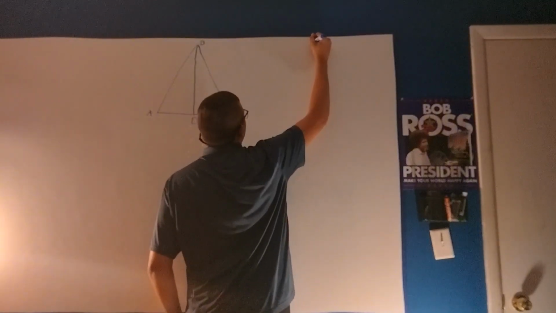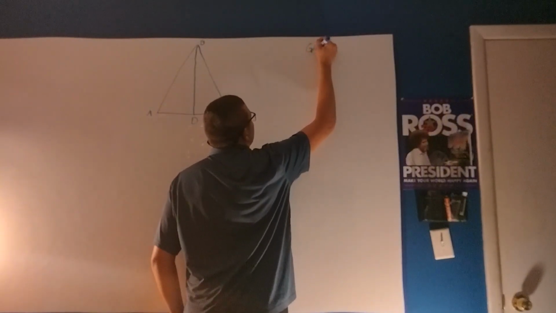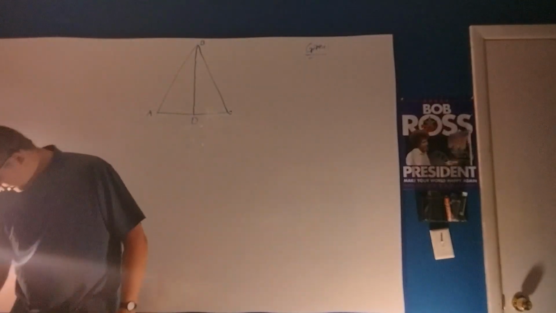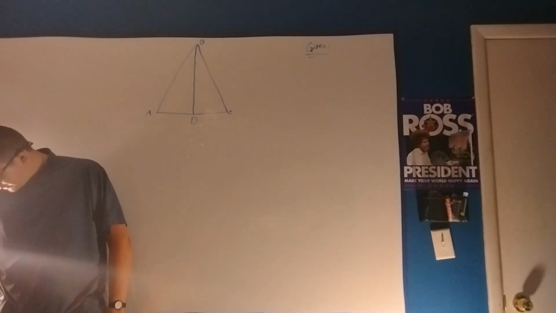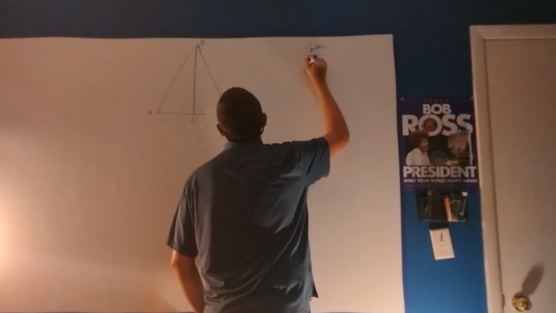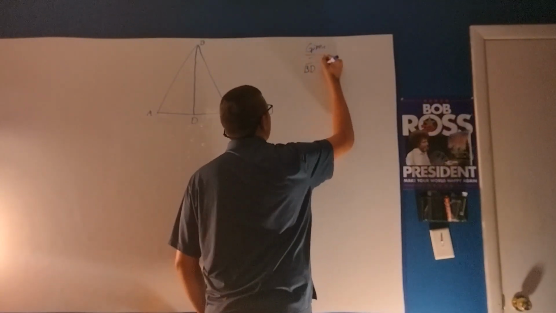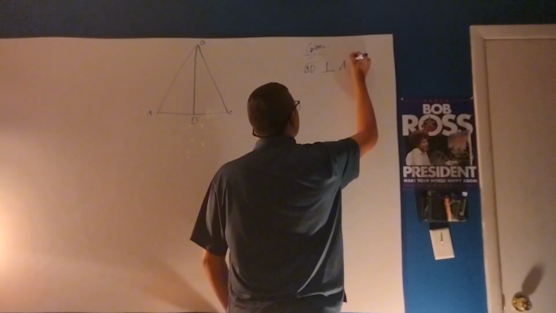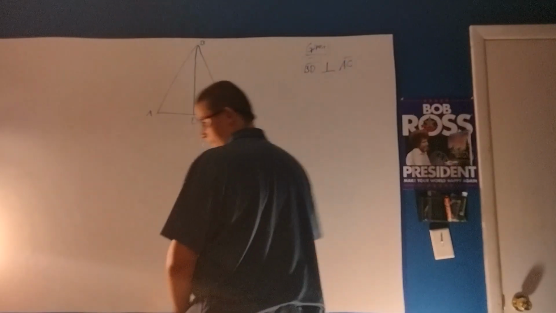And the givens are going to be, we're going to be told that BD is perpendicular to AC. So we know that BD is perpendicular to AC, like that.